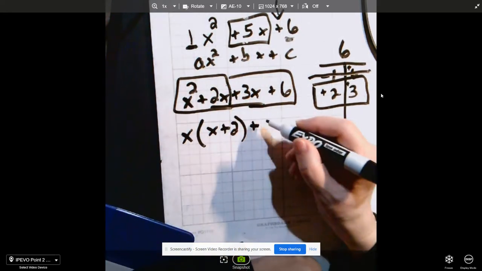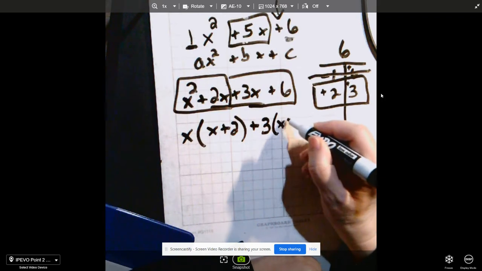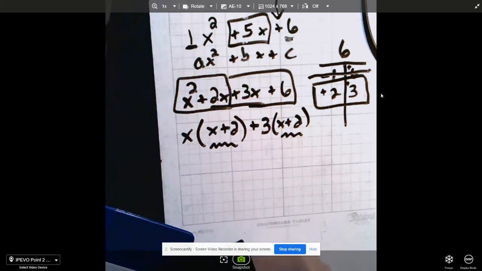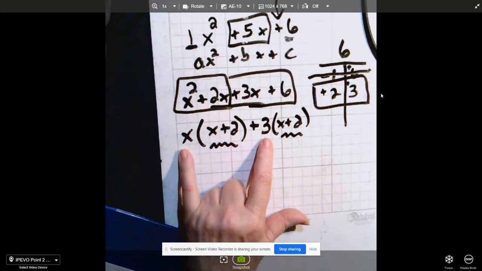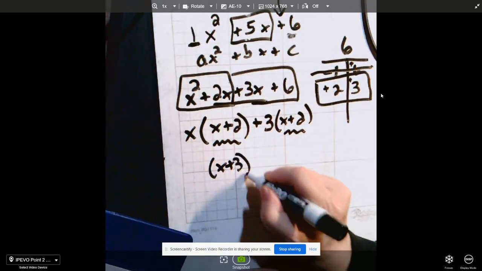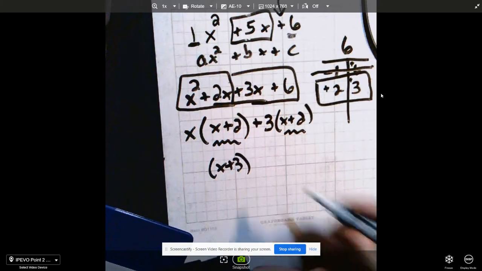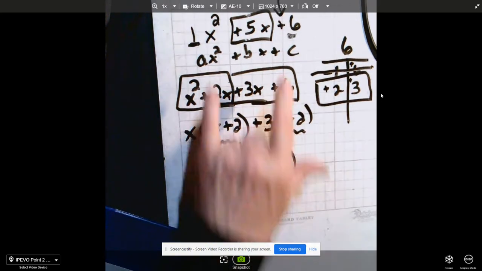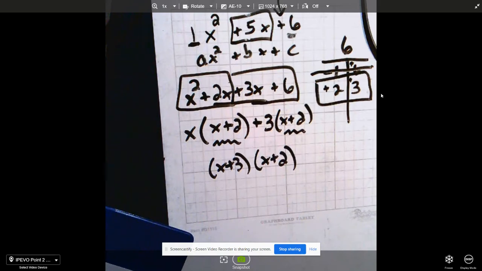Well, I can take out a 3, and when I do that, I'm left with x plus 2. We know factoring by grouping works because those parentheses are exactly the same. The stuff I took out is my first factor, and the stuff that's in parentheses only listed once is my second factor. So now I have factored this trinomial.